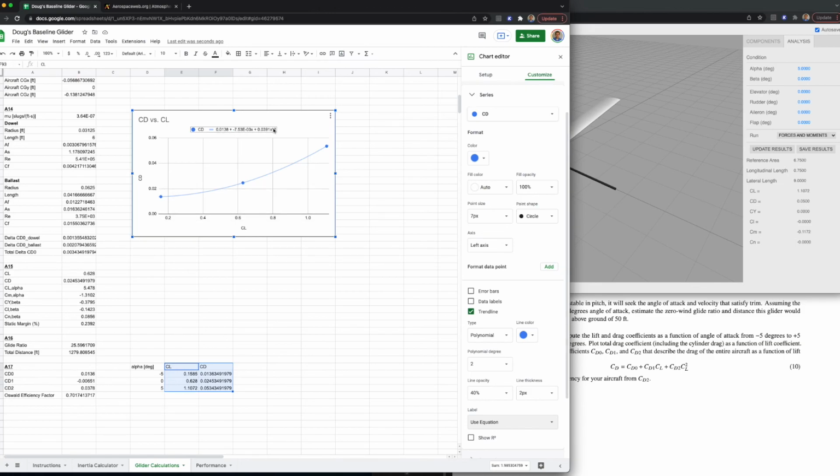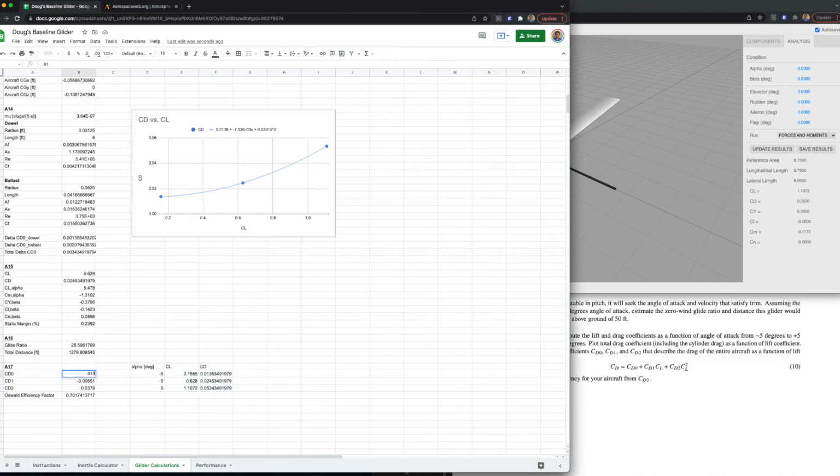So this parabola here, actually these 3 values are the values of CD0, CD1, and CD2. So CD0 we see is 0.0138. So I'm going to type that in here, 0.0138. CD1 is minus 0.00753.